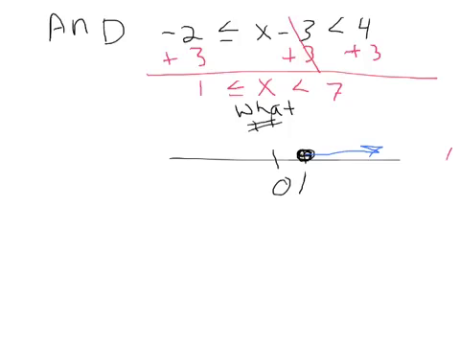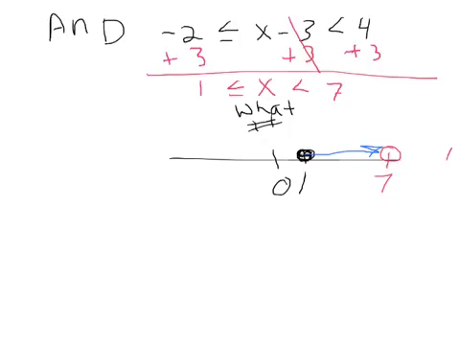Now I go ahead and do the other side. I'm only looking at this right now. x is less than 7. So I graph my 7, and I put an open circle because it is just a less than sign there. Again, I use the words "what number is less than 7."